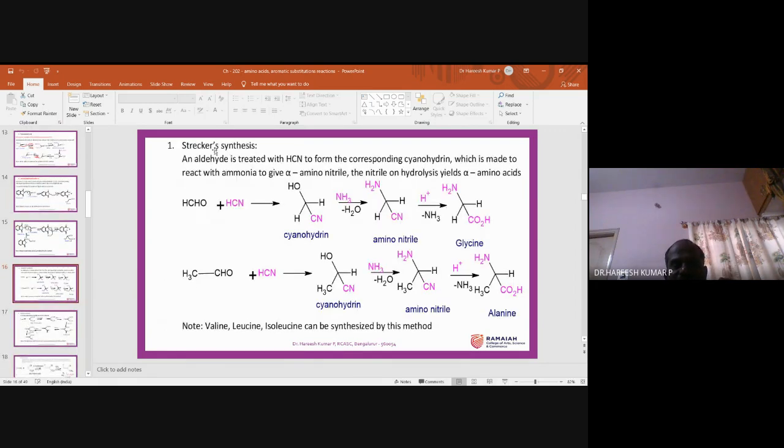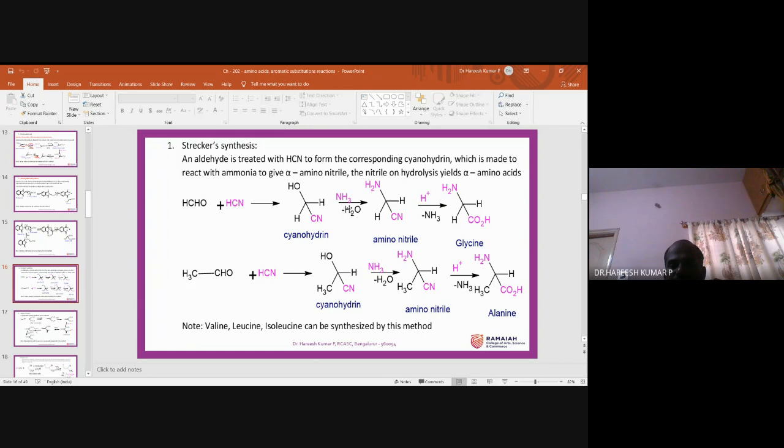It's called the Strecker method. Here what will happen? A reaction of aldehyde with hydrogen cyanide. H plus will form a bond with oxygen, and CN minus will form a bond with carbon. So the obtained compound is called cyanohydrin. This cyanohydrin, when it is treated with ammonia, replaces the hydroxy group.